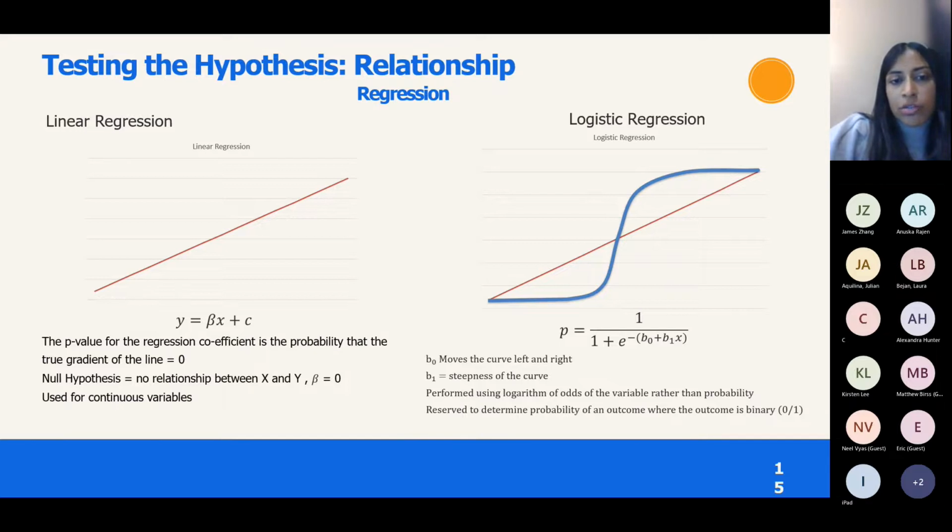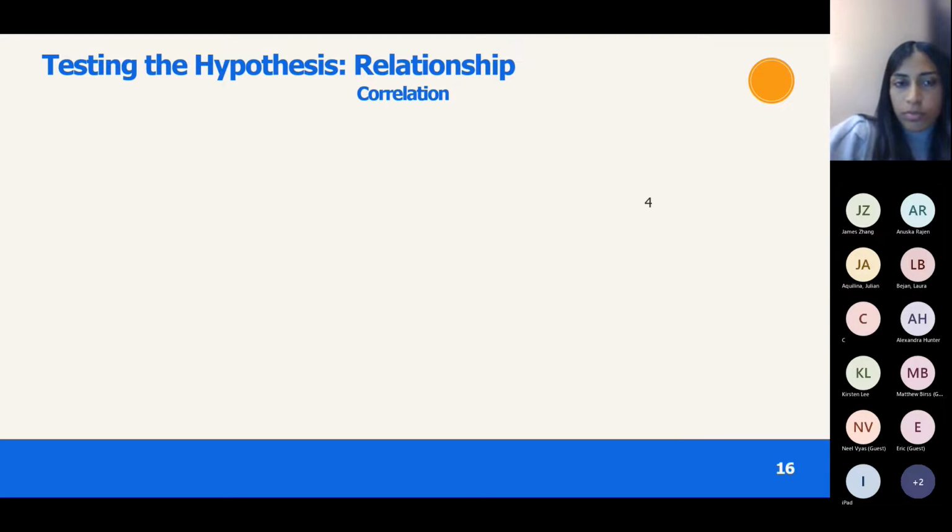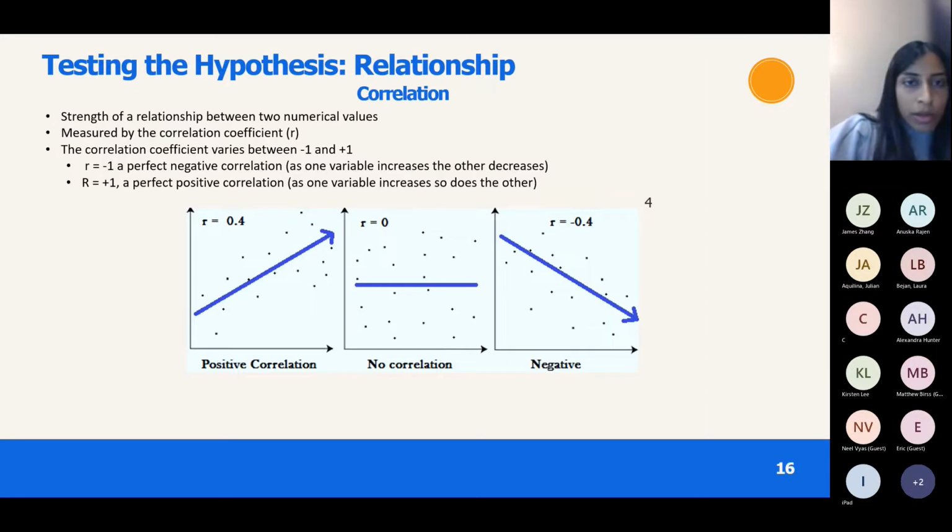And this is usually reserved for binary outcomes because you can kind of see it's a step kind of appearance that's binary. So it's either there or it's not. Yeah, I wouldn't worry about this too much. Next thing to talk about is relationships between things using correlations.